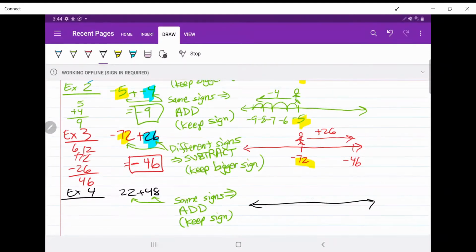That's horizontal. The person is starting at 22. And then we're adding 48. So we're moving to the right, taking 48 steps forward. That's going to give us 70 because 22 plus 48 have the same sign. We need to add them, equal to 70. And we keep the sign. So positive 70.